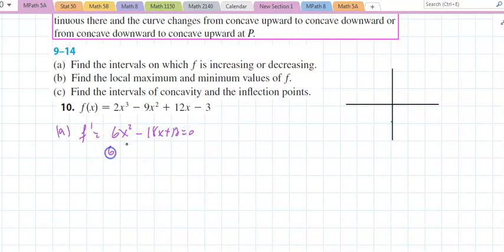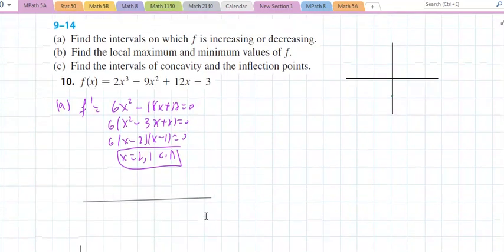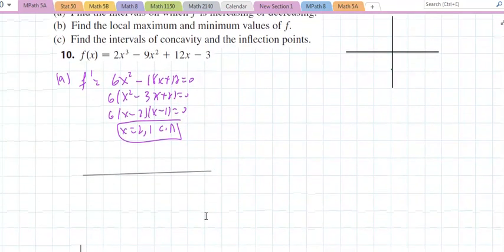Where does that equal 0? So we have x equal 2 and 1 as critical numbers. I could do my test right there and figure out everything that's needed for that problem and decide where f is increasing and where f is decreasing.